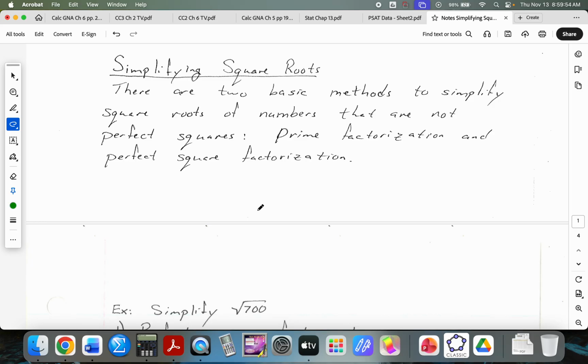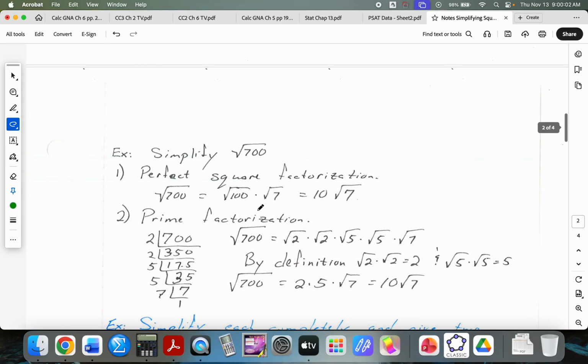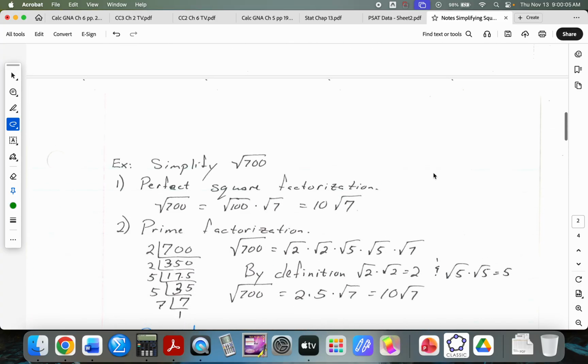So the two methods are perfect prime factorization and perfect square factorization. So let's turn it over and look at the two different ways to do this. For example, if we want to simplify the square root of 700, in order to do perfect square factorization, what you have to think of is the largest perfect square that will divide evenly into that number.